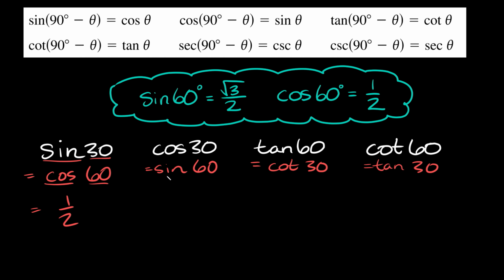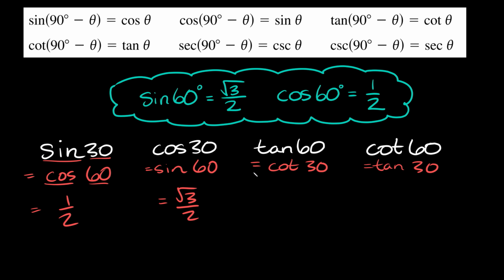Now what about over here? Yes, we did find the cofunction, but what is it equal to? Well, the sine of 60, as you can see, it's written up here. It's equal to root 3 over 2, right? Now here, we don't have any information given about tangent or cotangent, right? So how could we solve what this is equal to?